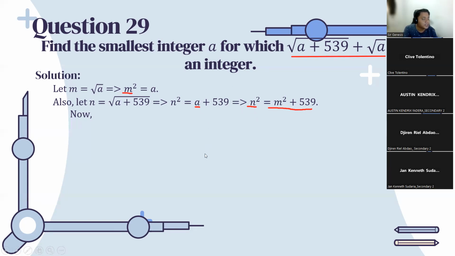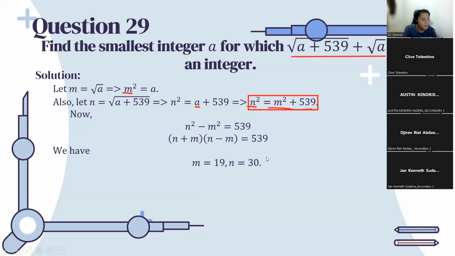Okay, so for this one, since we already have that, what we can do is create a difference of two squares. So that will be n squared minus m squared is equal to 539. We can then factor n squared minus m squared into n plus m multiplied by n minus m is equal to 539, which then gives us the value m is equal to 19 and n is equal to 30.